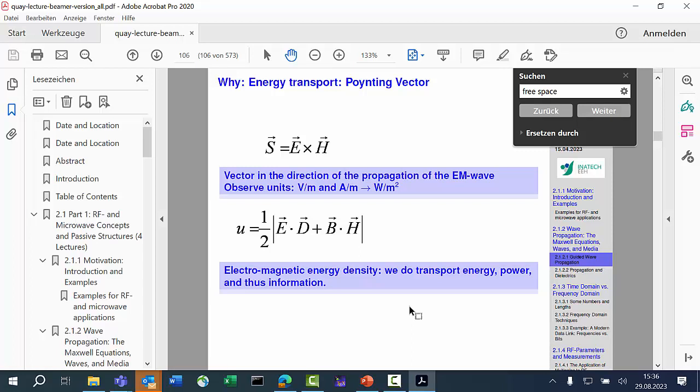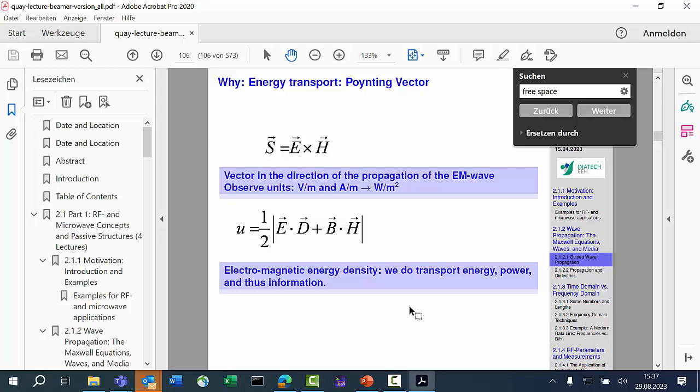So E times H is a vector which has the unit of power per area. So there's power transported. And if power is transported, there's also information transported. Very simple. You don't need all this physics. You just take it from the unit, and it's fine.